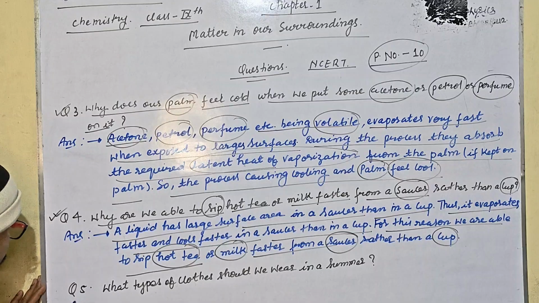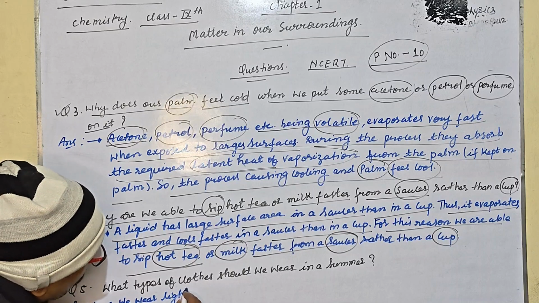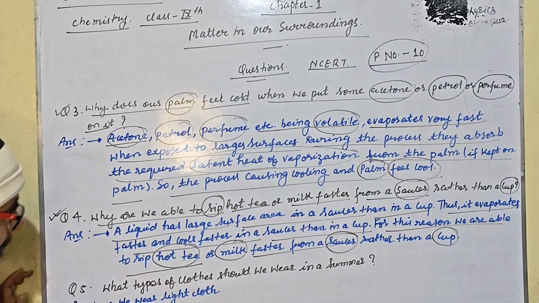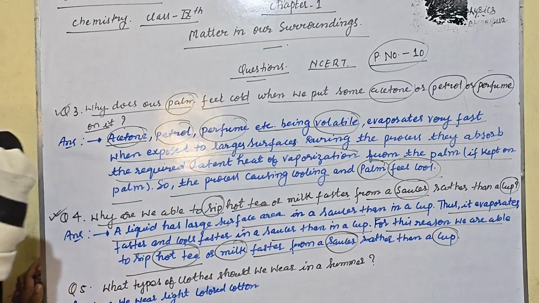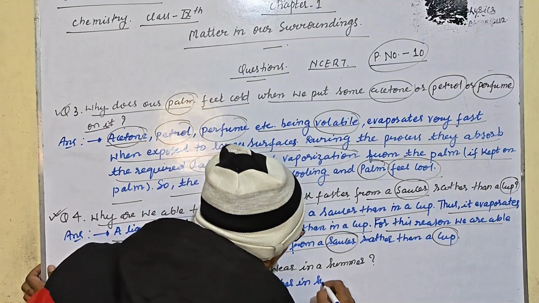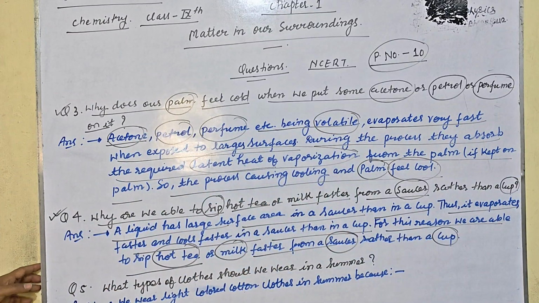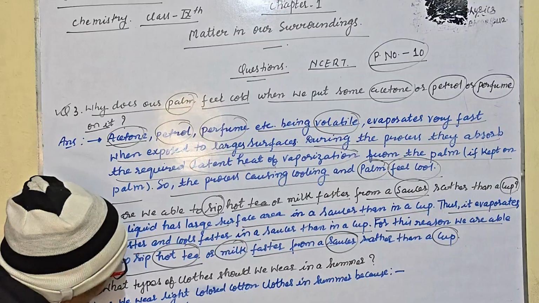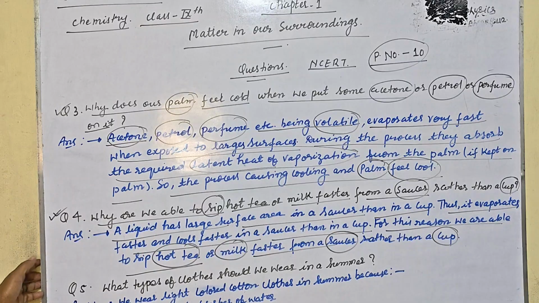We wear light colored cotton cloth in summer because of the following reasons. First, cotton is a good absorber of water, sweat.